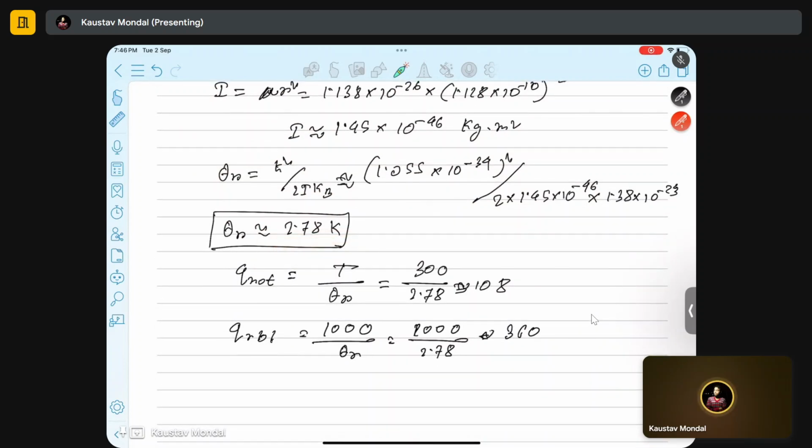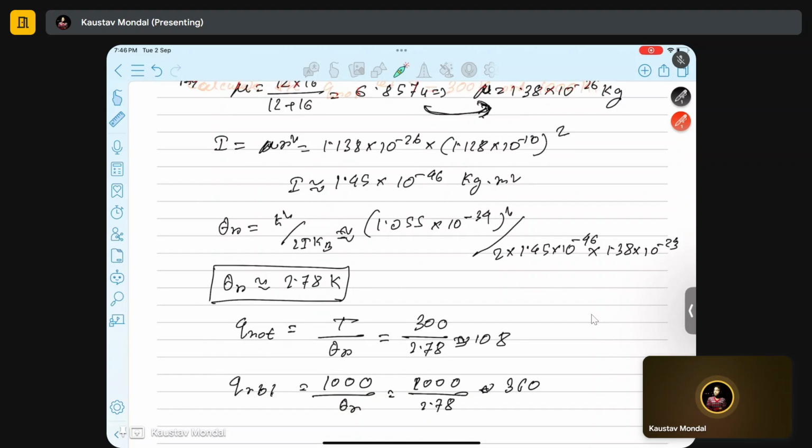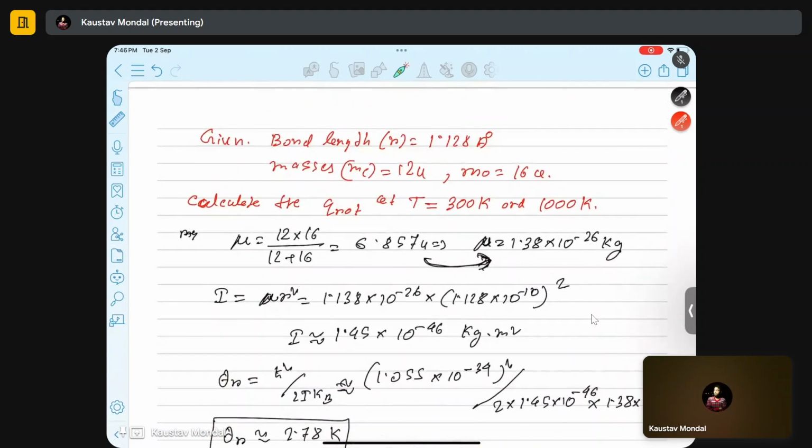Now if you know the rotational temperature, you can easily calculate the Q rotational for two different temperatures, 300 and 1000 Kelvin, and these are the values you got here. Okay, so this problem is now done. This is problem number 1.